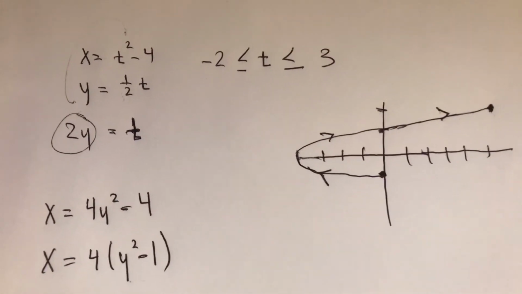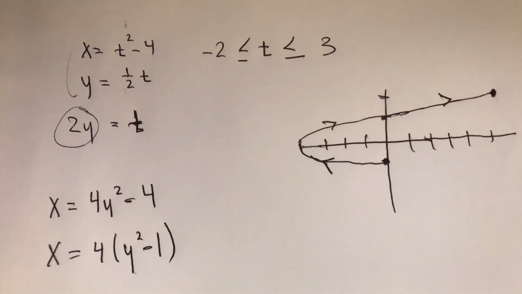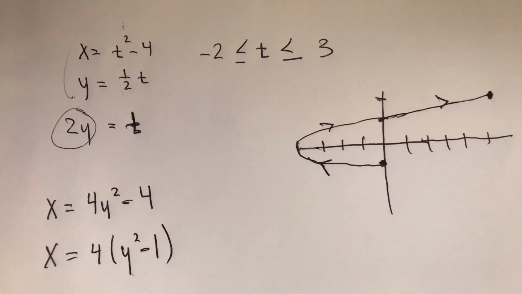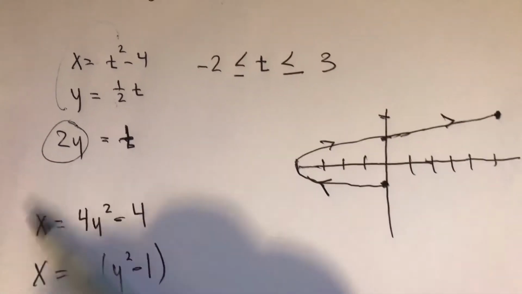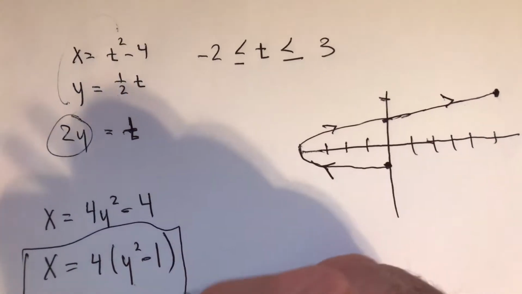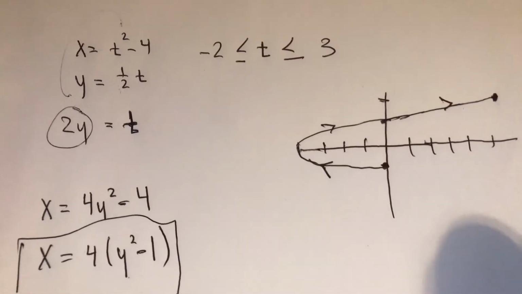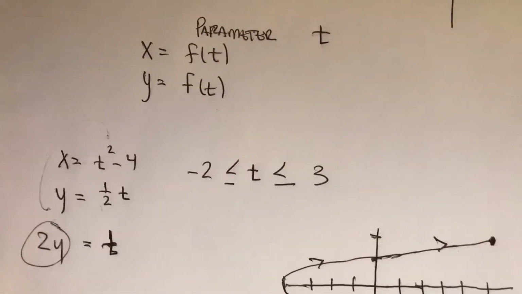See how that works? So doing this is eliminating the variable to get a rectangular equation. This is graphing a parametric equation.